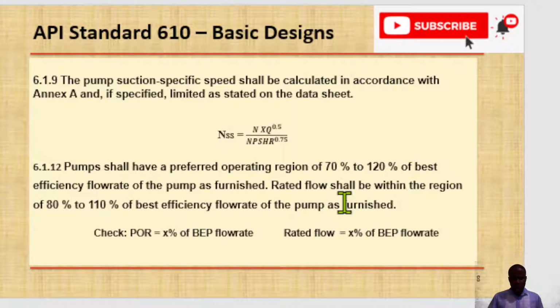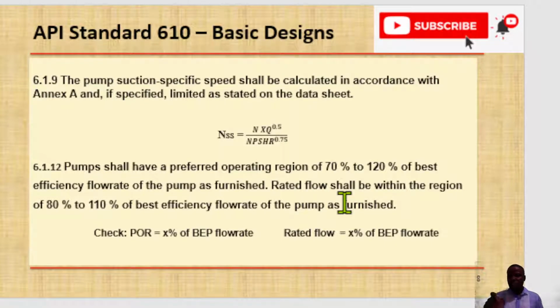So now your rated flow or the rated capacity with respect to the best efficiency point flow rate, which is the flow rate at which the pump is having the maximum efficiency. So the API 610 is saying that your rated flow or the rated capacity shall be within the region of 80 to 110% of the best efficiency flow rates that the vendor is supplying to you.